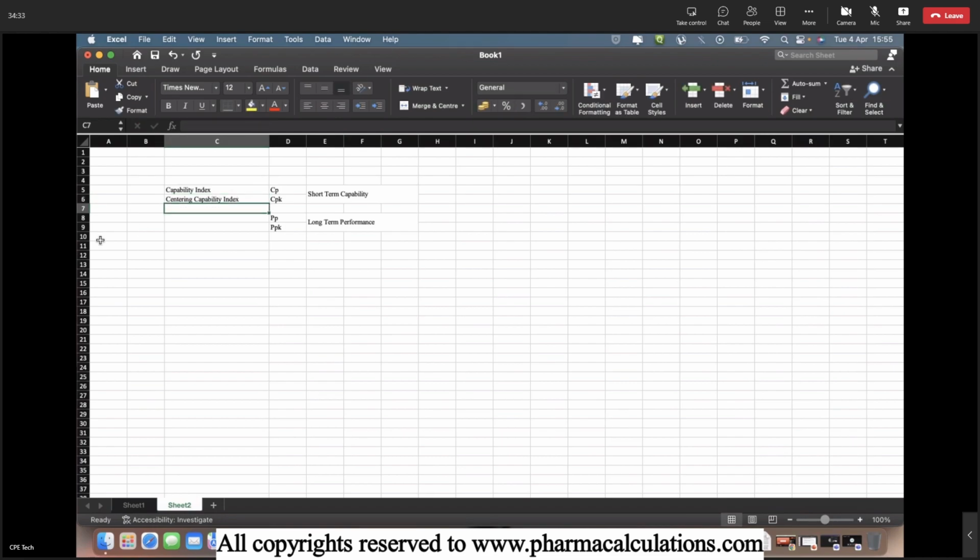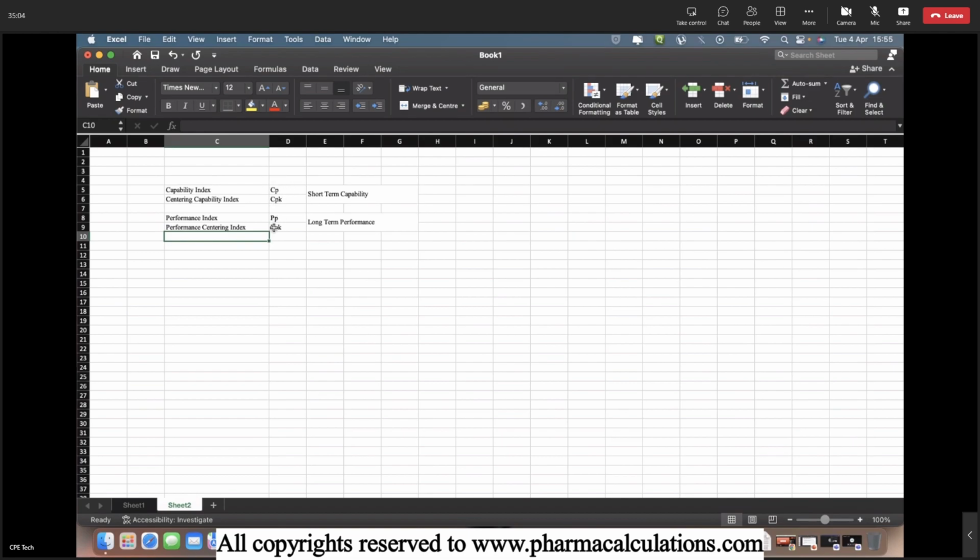Similarly, PP is the performance index, and PPK is the performance centering index. Let's understand each individually so that it is easy to remember.